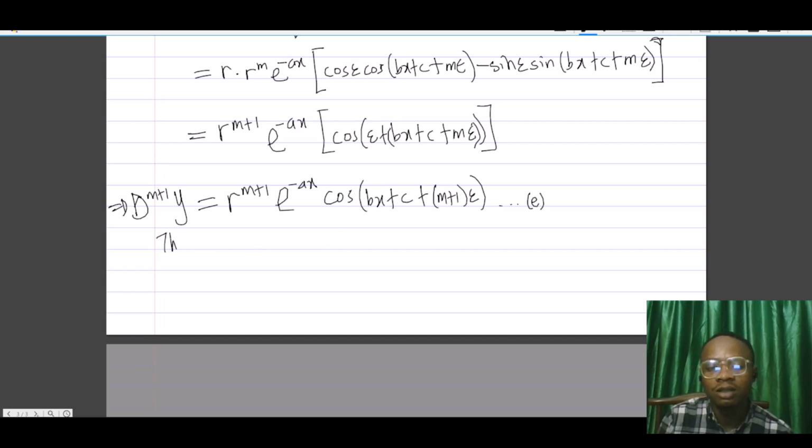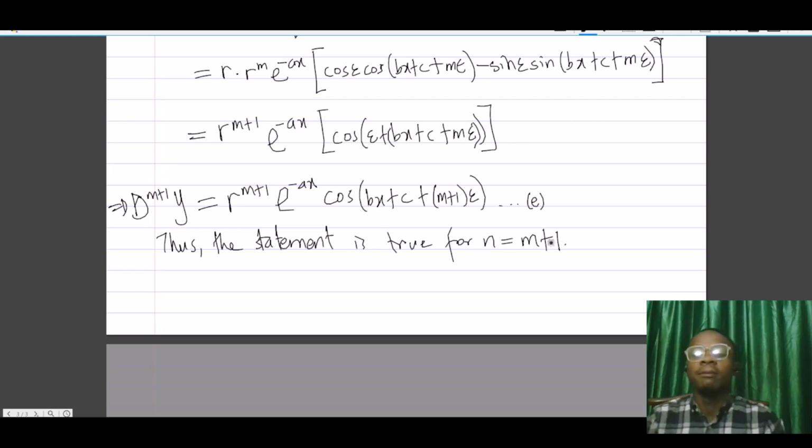So we say that thus the statement provided for in the problem is true for n equal to m plus 1. And so then by our principle of mathematical induction, we can conclude that this statement is true for all n, elements of the set of natural numbers. All right.